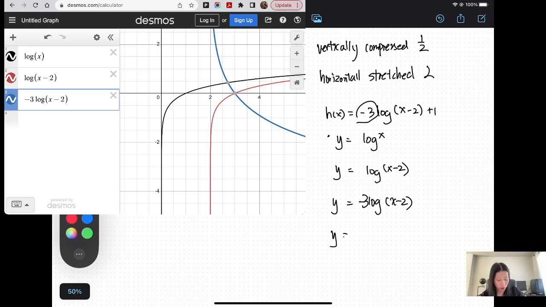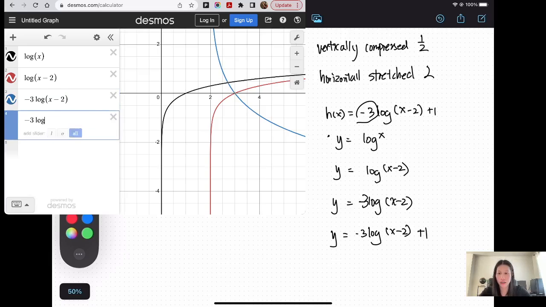And then the last one is we will add 1, which means from the blue line, you're going to move the function up 1 unit. So look at the green one. The green line is exactly the same function, but transform from the blue line to the green line, you just move the whole function up for 1 unit. So when you do these changes, you need to pay attention to the vertical asymptote.